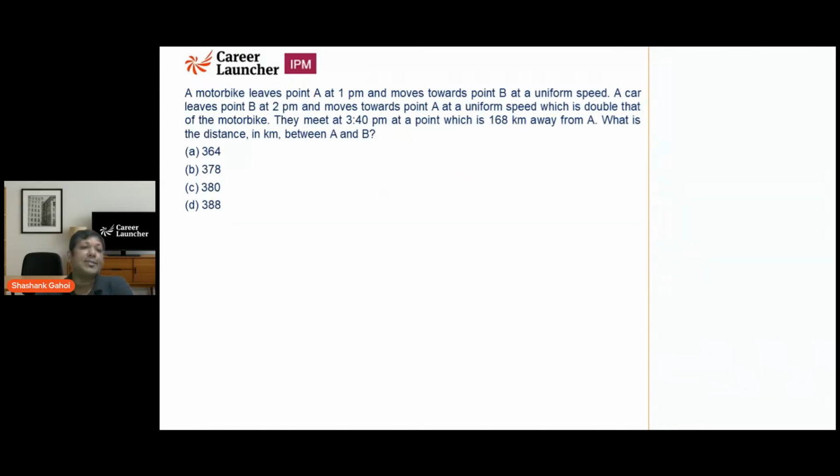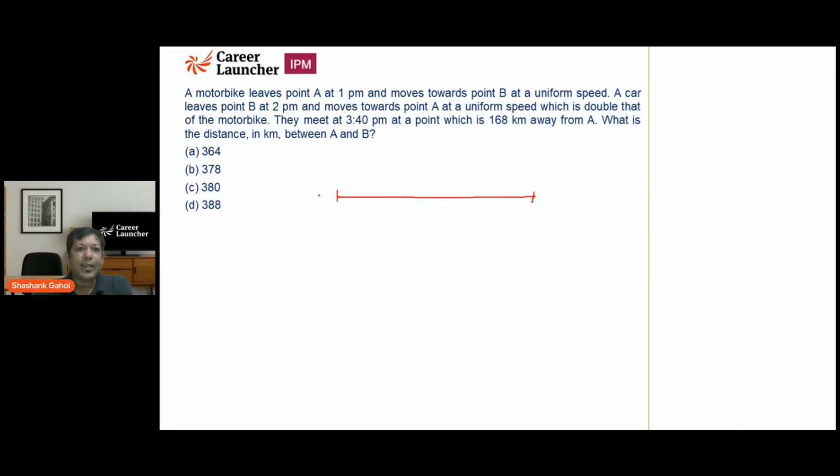What does it say? A motorbike leaves point A at 1 and moves towards B at a uniform speed. The car leaves point B at 2 and moves towards point A at a uniform speed, which is double the speed of the motorbike.